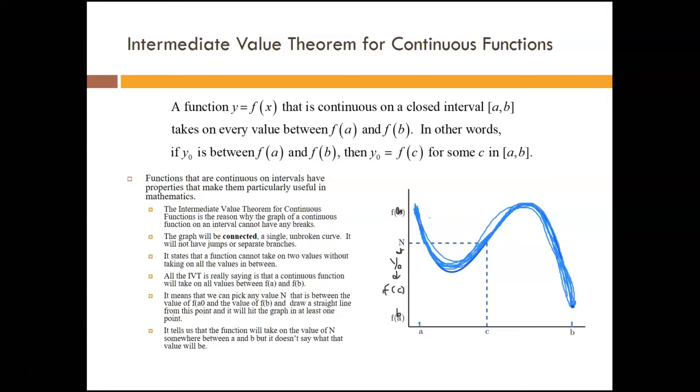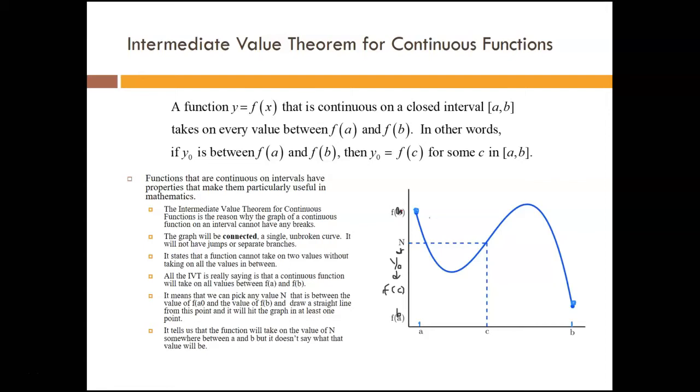So what this is saying is that from the beginning f of A value to the ending f of B value, every value on the range exists between them. The intermediate value theorem guarantees every value on the range between f of A and f of B exists. That's what IVT says.